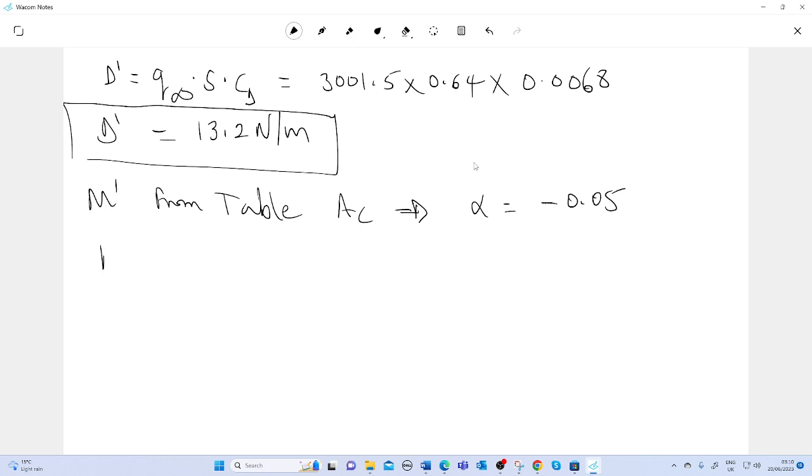From there, you can deduce the moment per unit span.